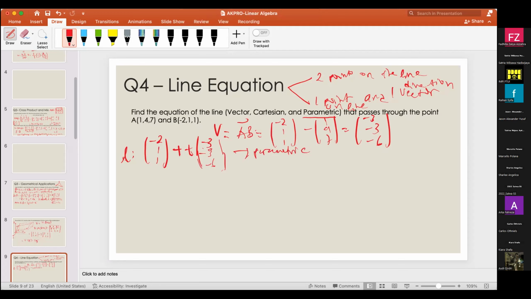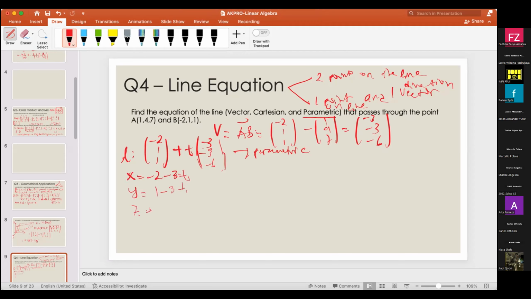And the next thing that we can find would be the Cartesian equation. All we have to do is express each component here as a function of t. From the top row, we can say that x is equivalent to -2 minus 3t. y is 1 minus 3t.